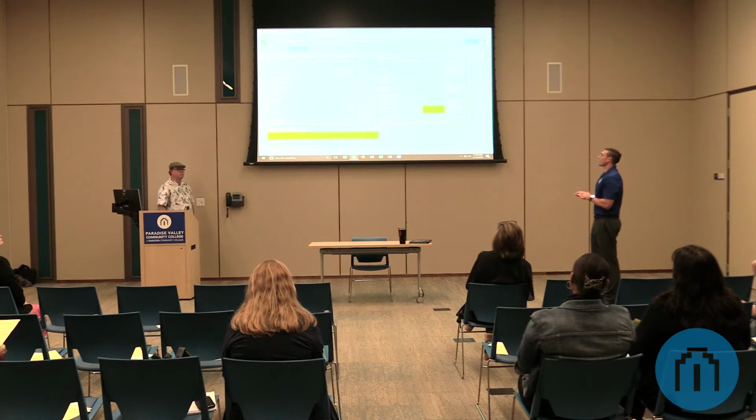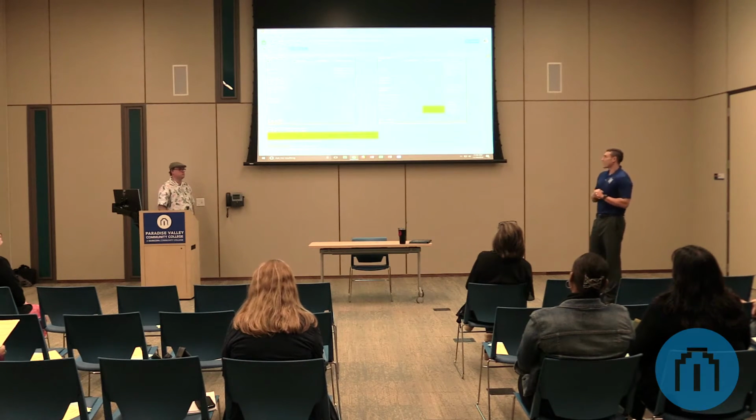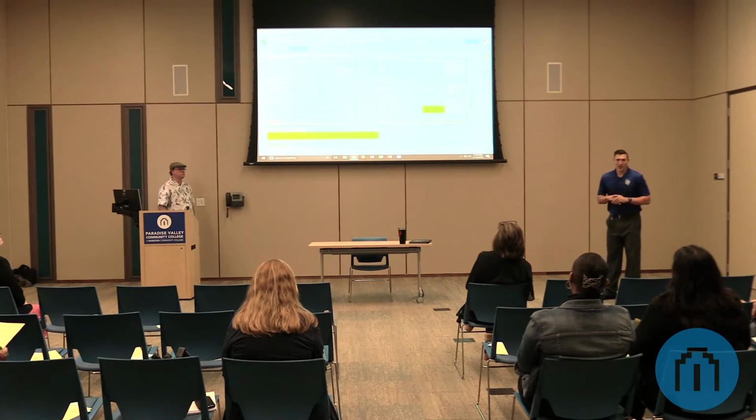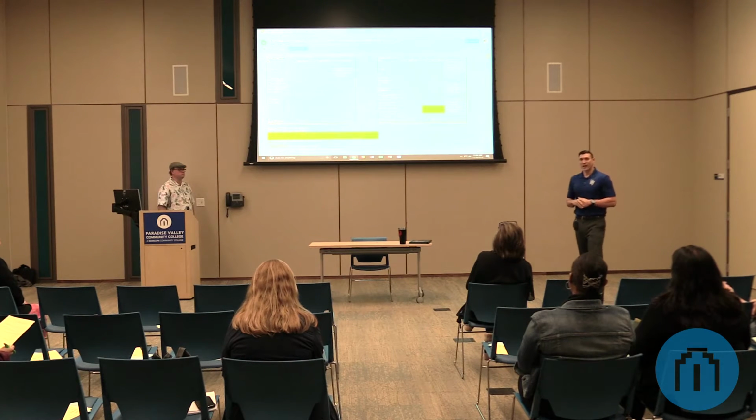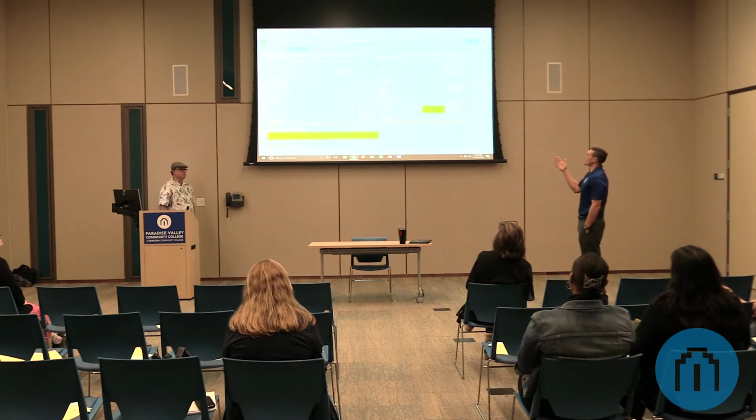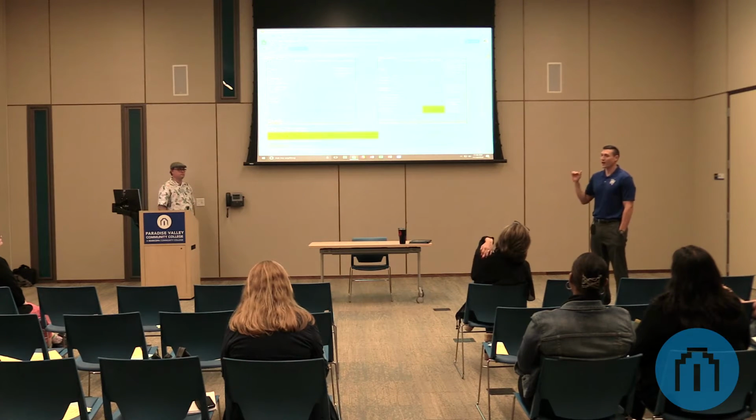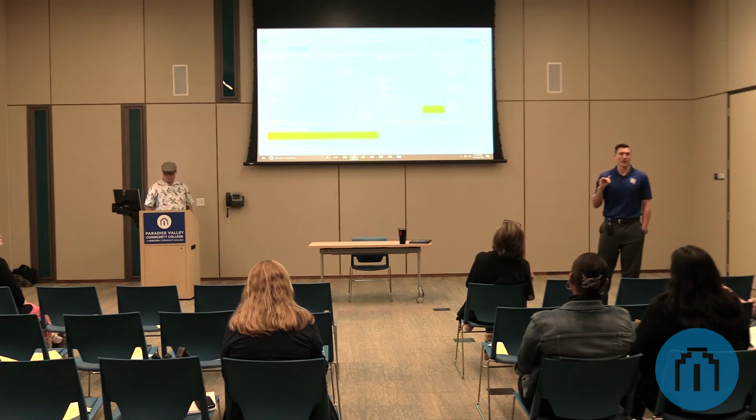The question about how do I get my class in a map, remember we're not really talking about classes with guided pathways, we're talking about programs of study. And so what happens in this process, depending on the degree, some degrees are so straightforward, there's not really much room for electives.